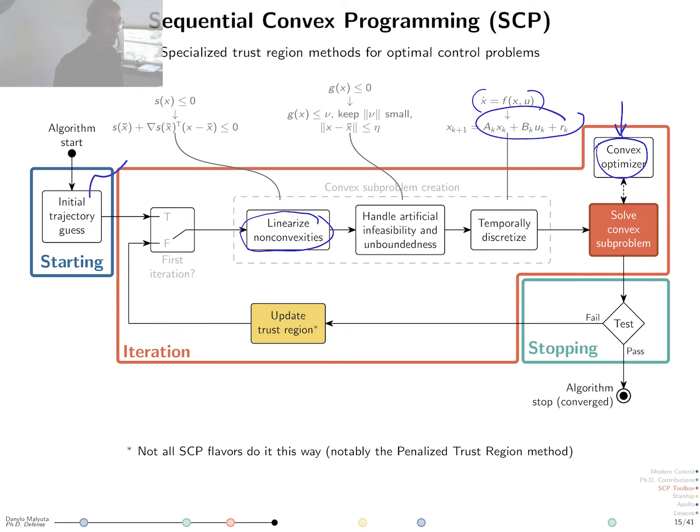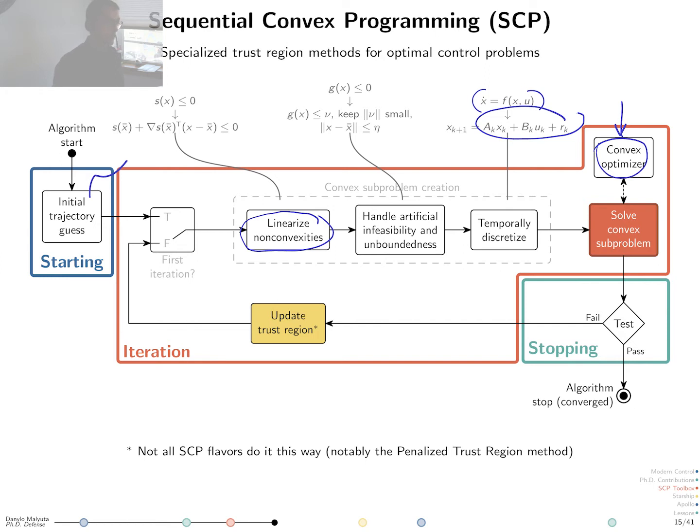The continuous time dynamics make it a continuous time problem, which has an infinite number of degrees of freedom in how you manipulate the input. That's a problem for computers that generally can't manipulate infinite things. So we need to shrink the problem to a finite dimensional space. We do that through temporal discretization.